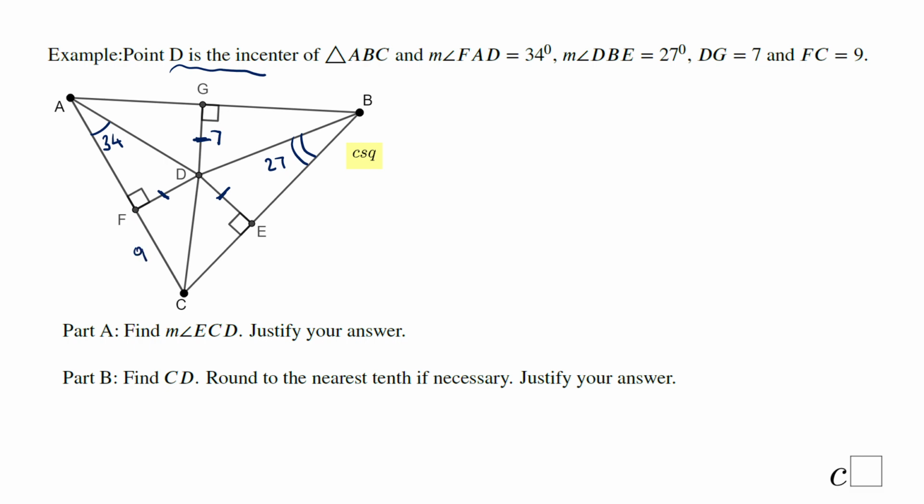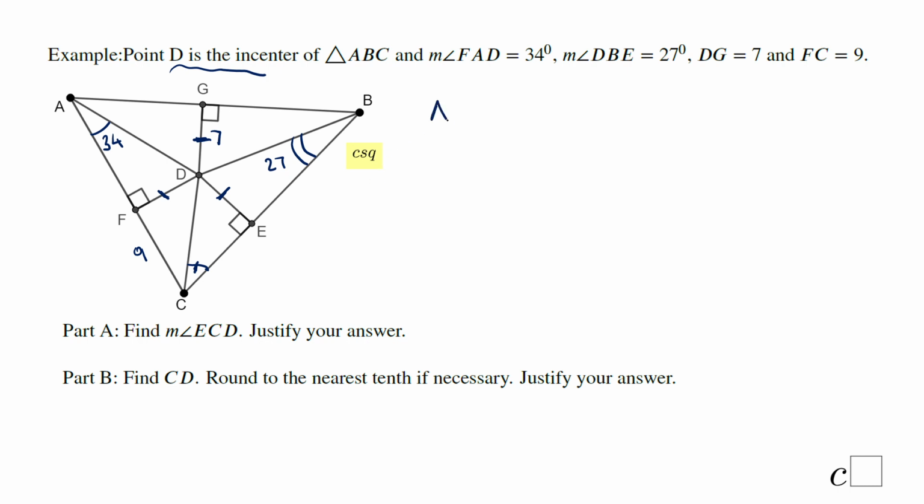We need, on part A, to find the measure of angle ECD. So we need to find the measure of this angle right here. And let's take a look at how we do that.